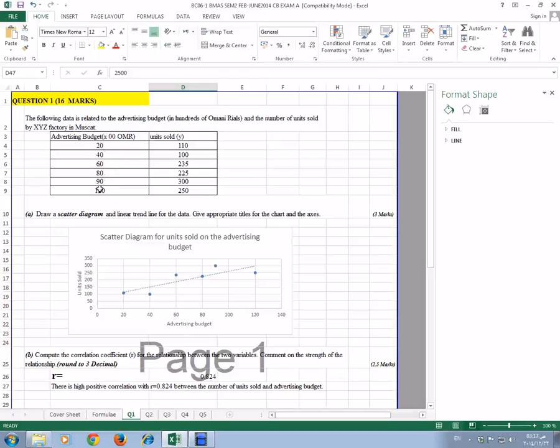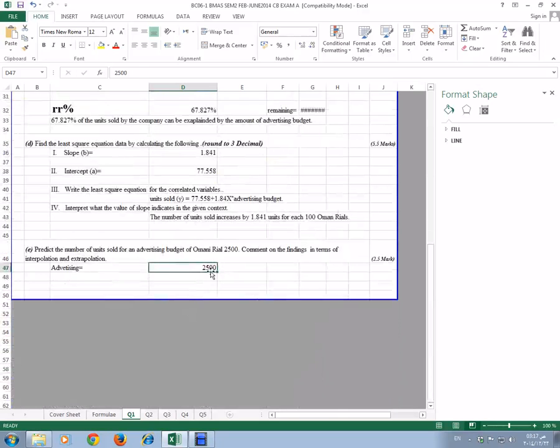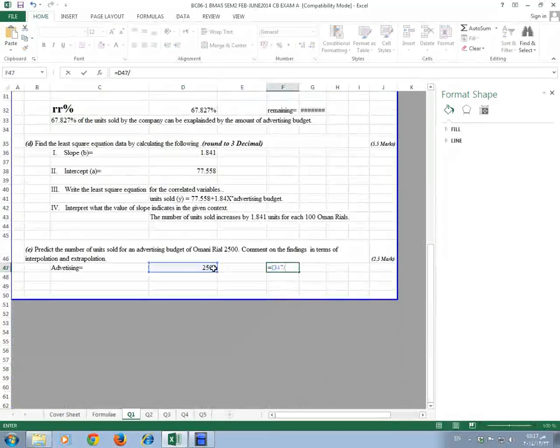First we have to change the value 2500 to hundreds, by dividing by 100, which gives 25.